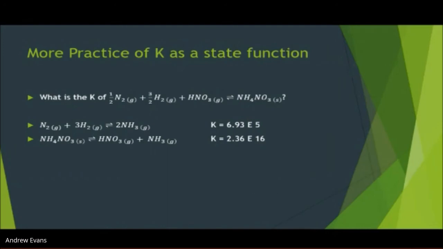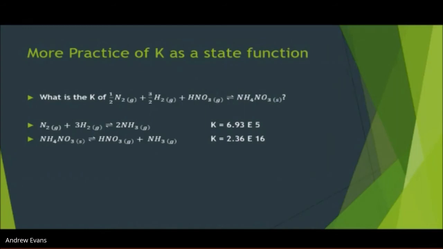Looking at writing this down on the doc. Before we go to the doc cam, we want to know this reaction: 1/2 N2 plus 3/2 H2 plus HNO3 goes to ammonium nitrate. What would be the possibility of this reaction occurring?